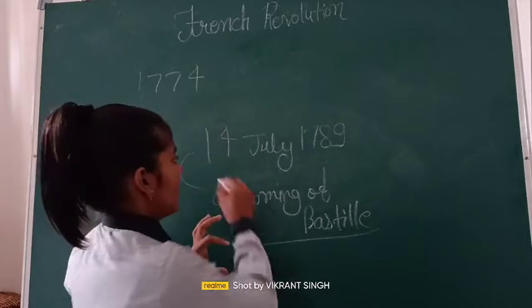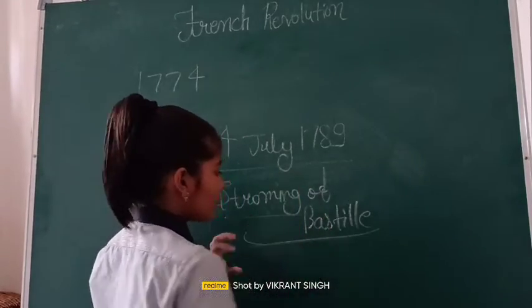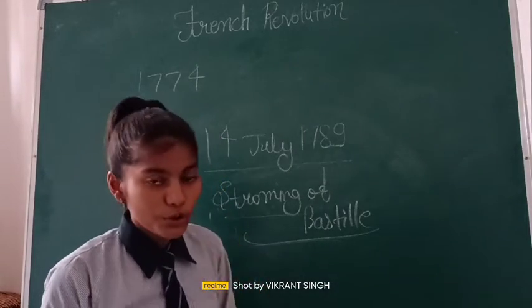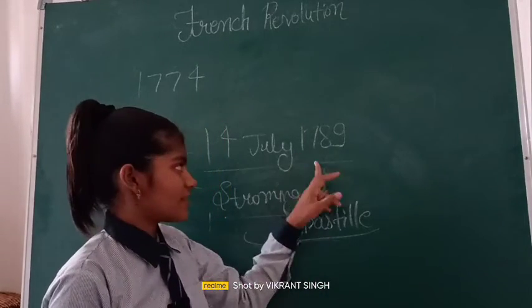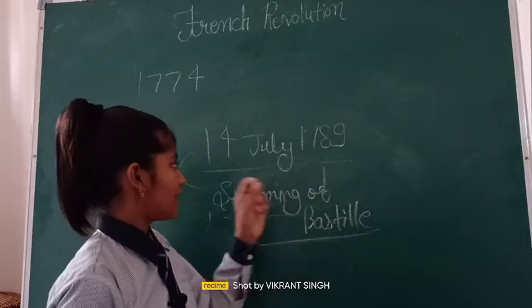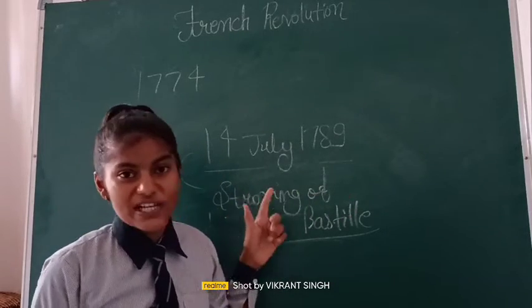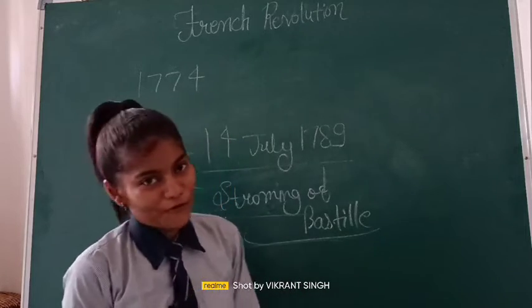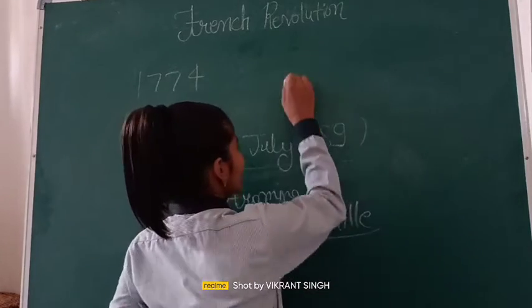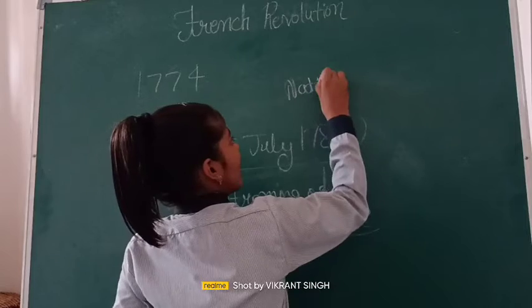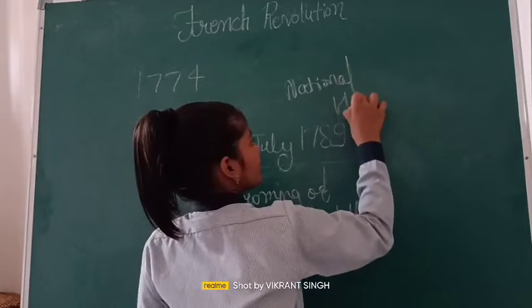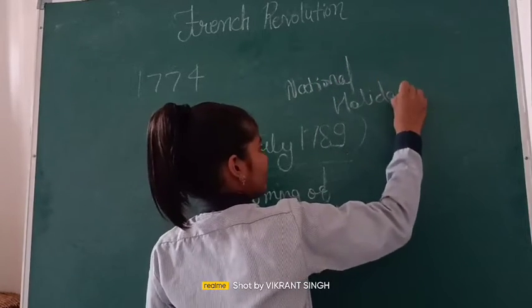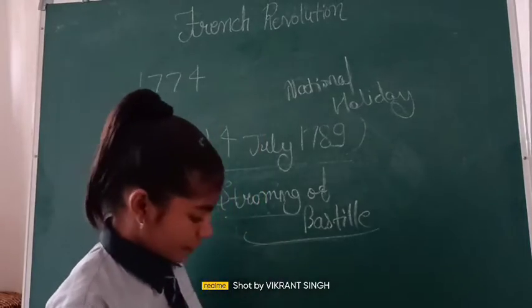On this day, an important incident happened, due to which, from the year 1789 till now, every year 14th July is declared a national holiday in France. Yes, it's a national holiday. Okay, now let's move further.